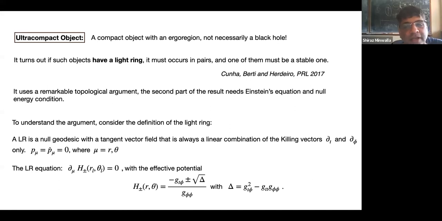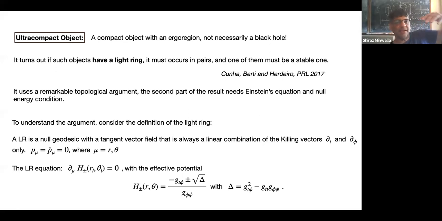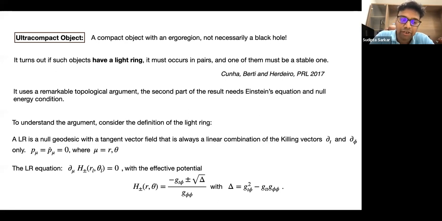Sorry, you said your light ring was a linear combination of dt and d phi, right? Yes, and null. But one could imagine something a little more complicated, moving also in the theta direction. Yes, exactly, Shiraj. I will call them spherical null geodesics, in analogy with the Kerr metric, where there is a light ring on the equatorial plane, which is exactly what I defined.